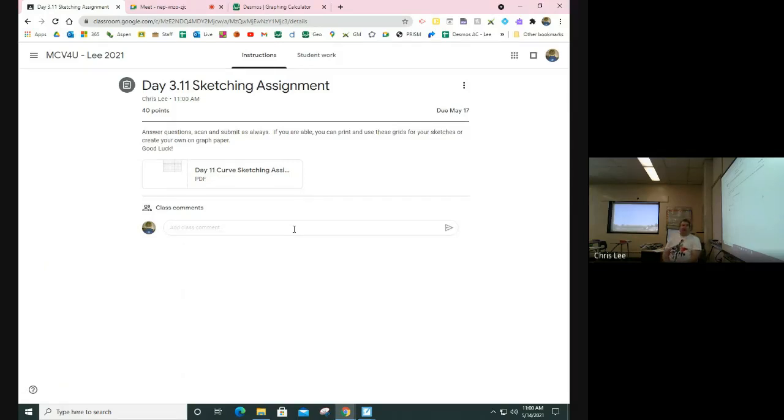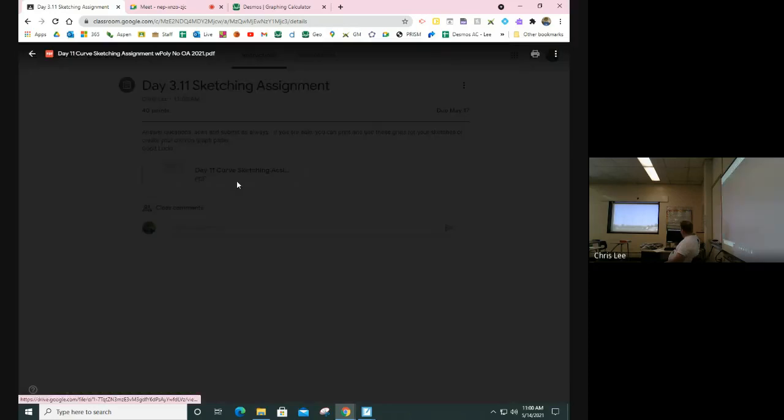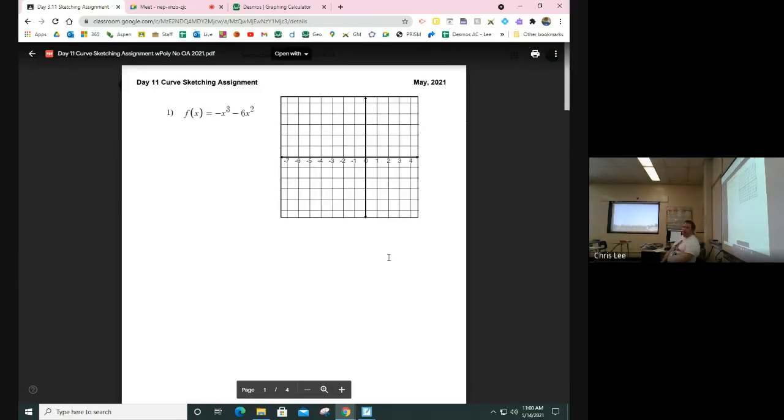I have given you the option of printing out this assignment. It's just a blank page with the question and a grid on it. You're welcome to use this, but you don't have to. Some of you might be more comfortable in just doing it on a piece of graph paper and making your own grid. Totally fine, okay?